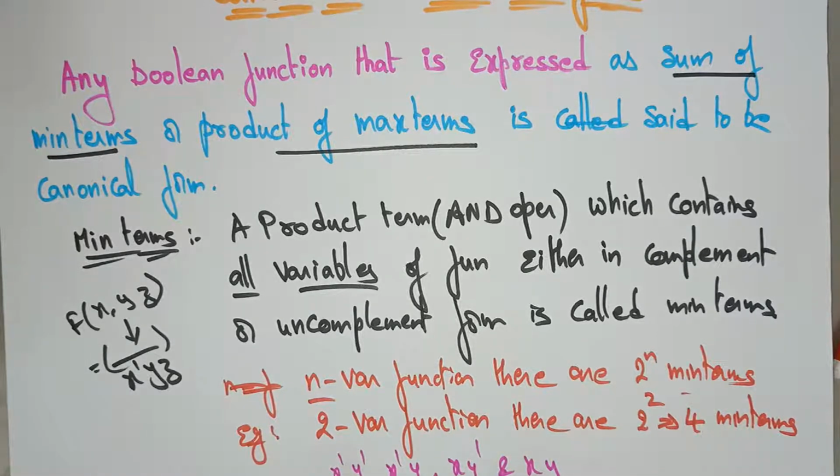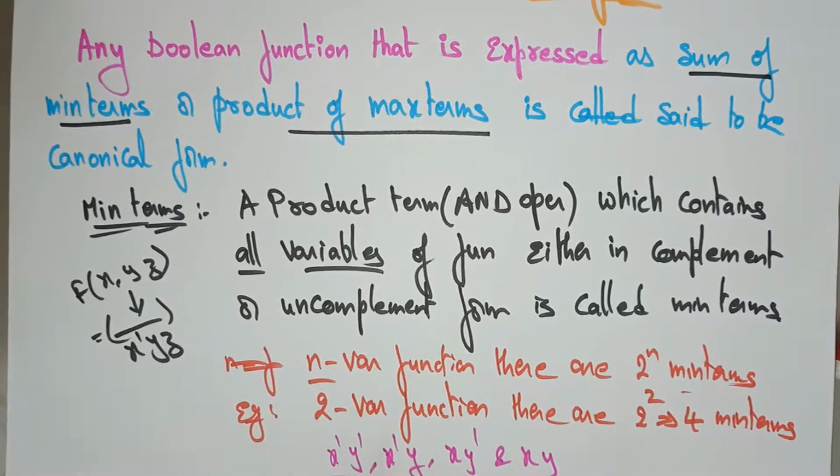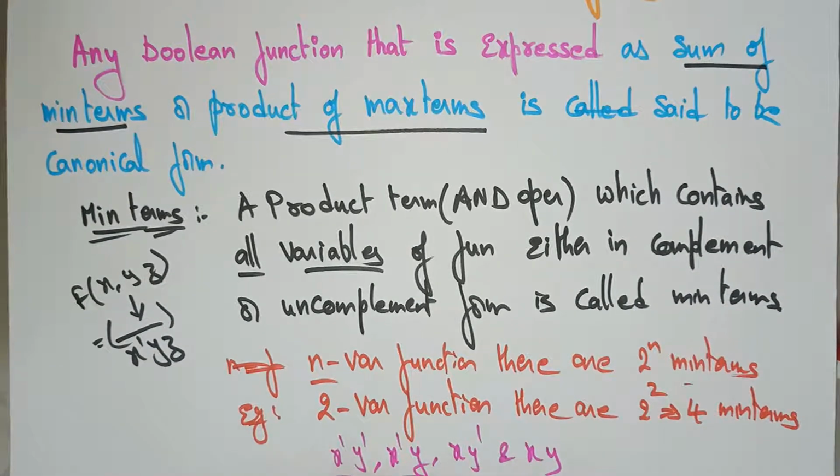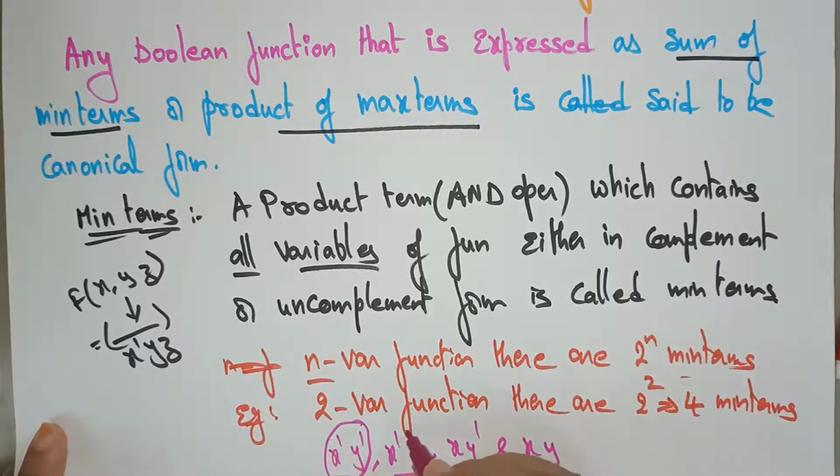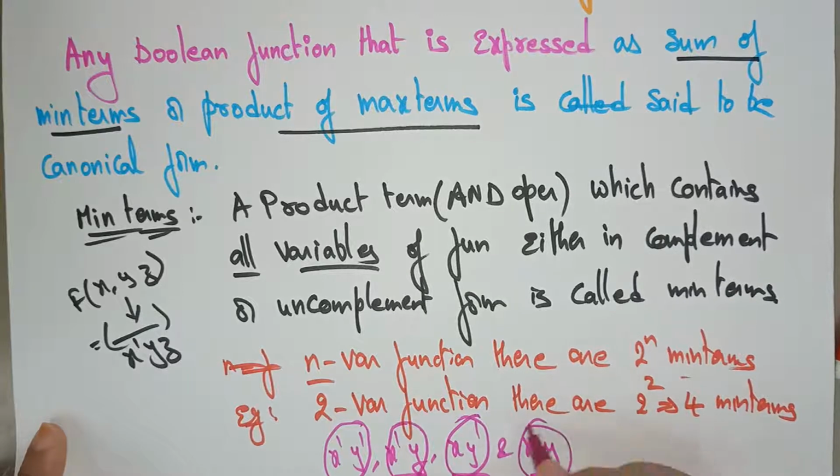So these are the 4 min terms. These min terms are product terms. Is it a product term, right or wrong? Okay, AND operation is there. So a product term which contains all variables. In this term all variables are there. X and Y, 2 variables, both are there. Here also X and Y both are there. Here also, and here also.